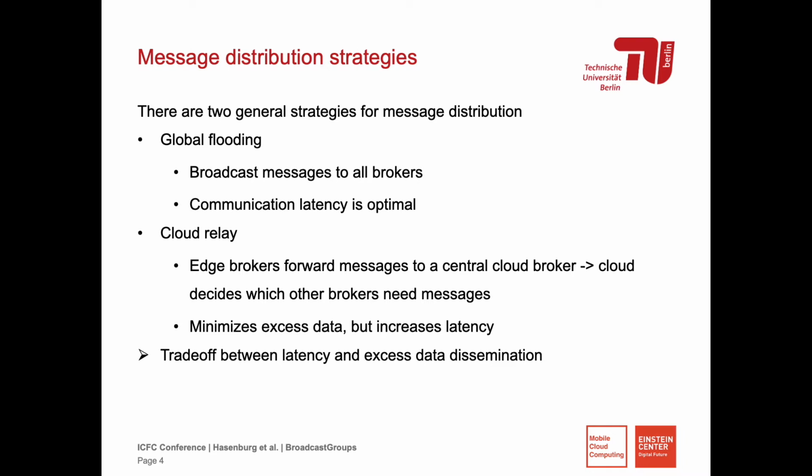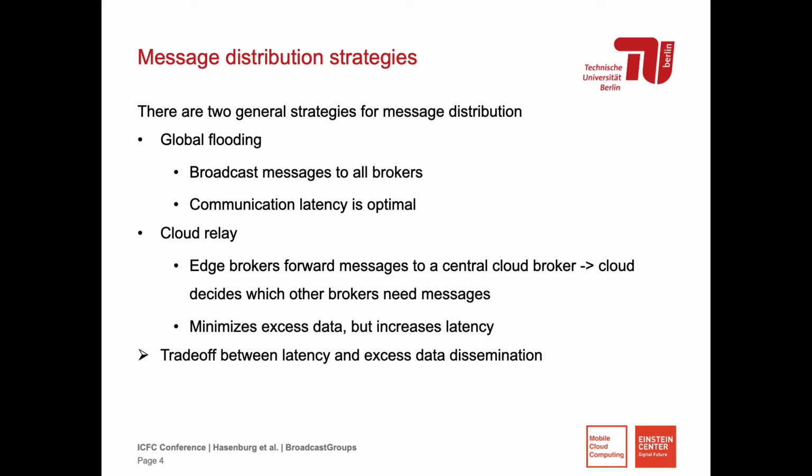First, broadcasting messages directly to all brokers. We call this global flooding. Second, a cloud instance forwards messages from and to edge brokers. We call this cloud relay. With global flooding, communication latency is optimal and mobile end devices can create their subscription at any broker to immediately receive matching messages.